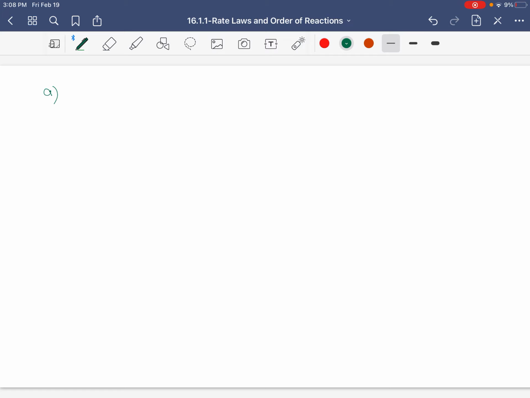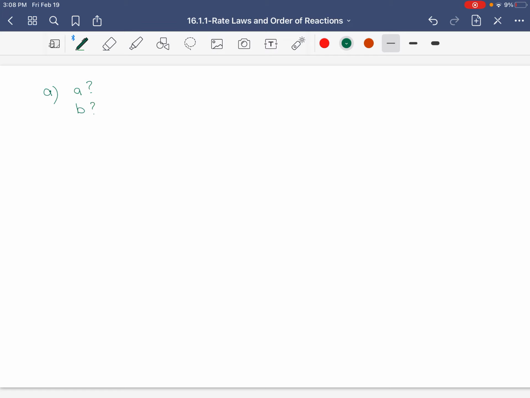What is the rate law for this reaction? Basically, in this question, I'm looking for A and I'm looking for B. How am I going to do that? There are many strategies. Some people can eyeball it and find out exactly what it is. Some people, maybe like myself, need to write everything down.